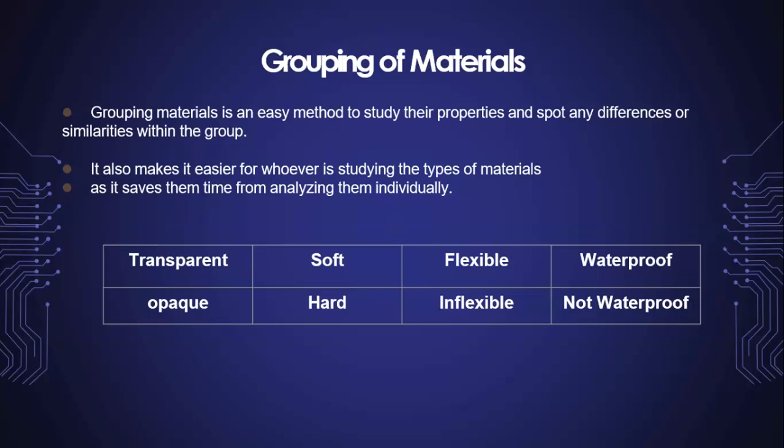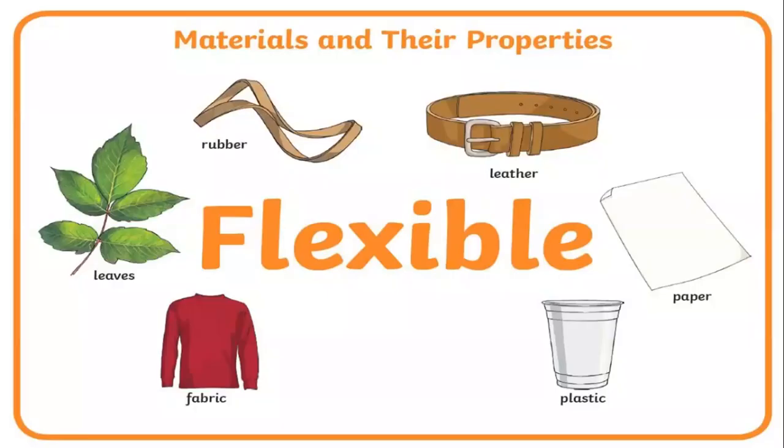So some groupings of materials are as follows. We have transparent, soft, flexible, waterproof, hard, and so on. Some examples of transparent materials are glass, or maybe certain plastic. Flexible: rubber. Waterproof: plastic, rubber, and so on and so forth.